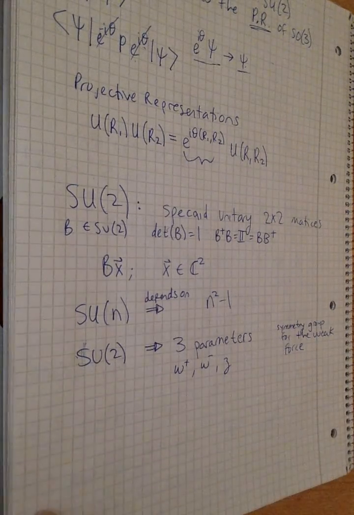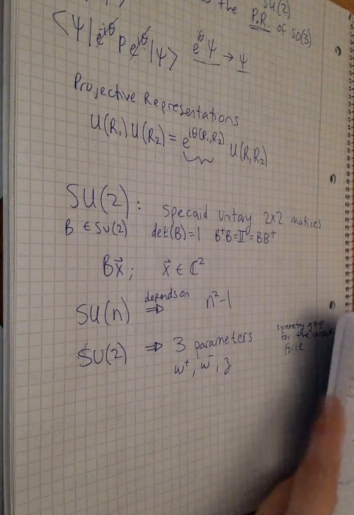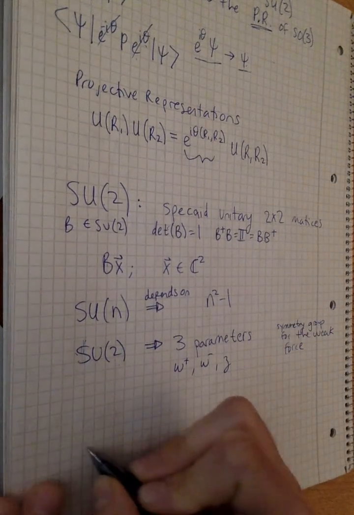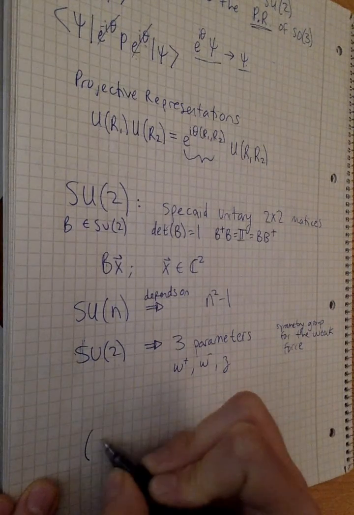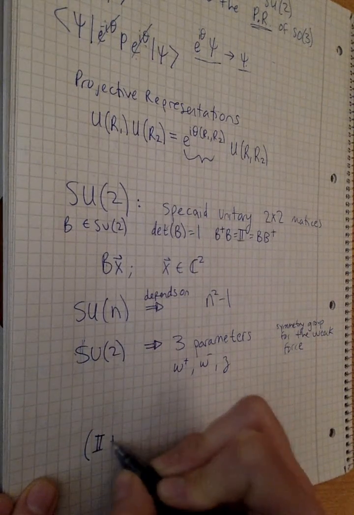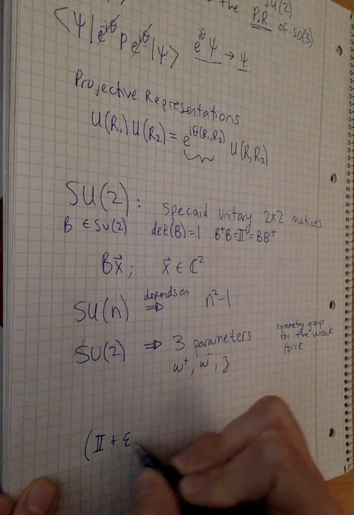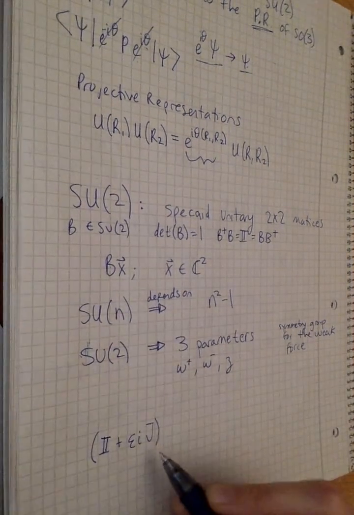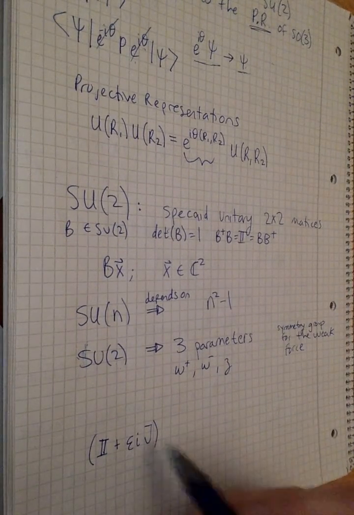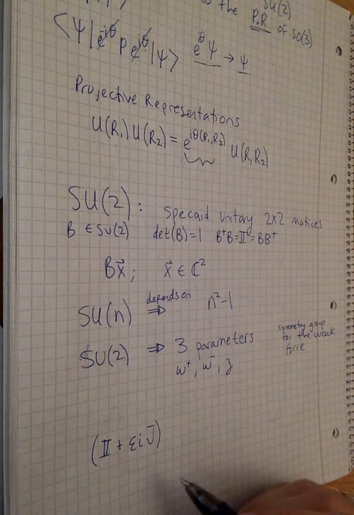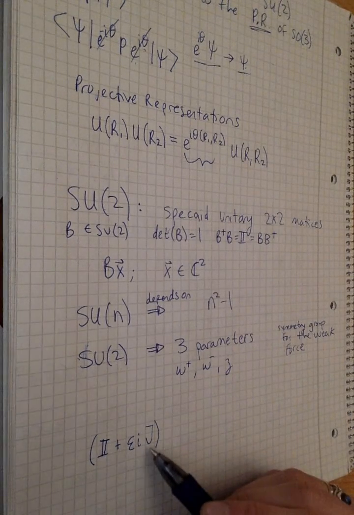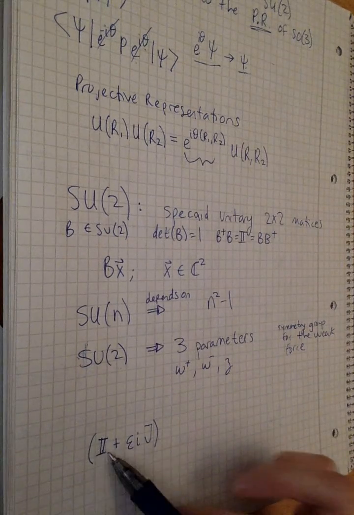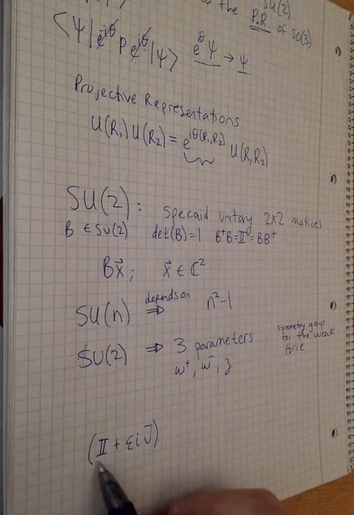So we have infinitesimal rotations. Let's take some infinitesimal rotation such that we have the identity plus some epsilon i J, where J is a generator of this rotation. J's can also be thought of as the basis vectors for the Lie algebra. So this gets us infinitesimally far away from the identity. Let's try to get further away.